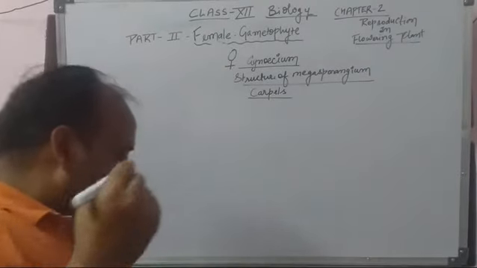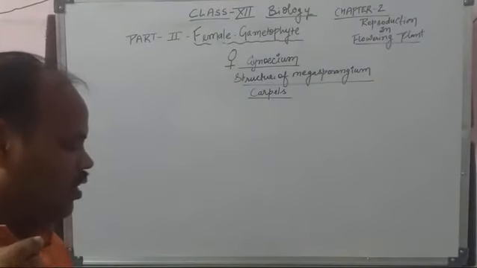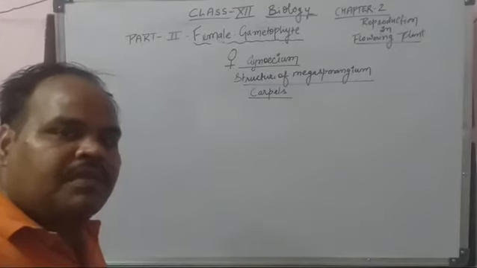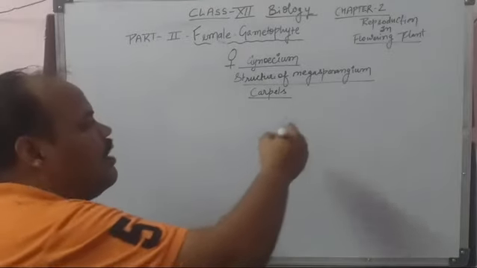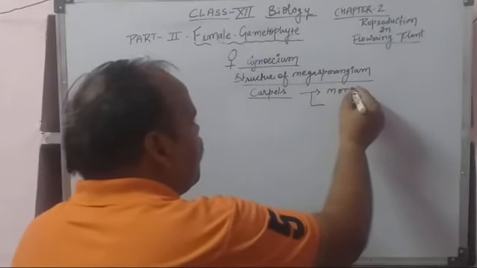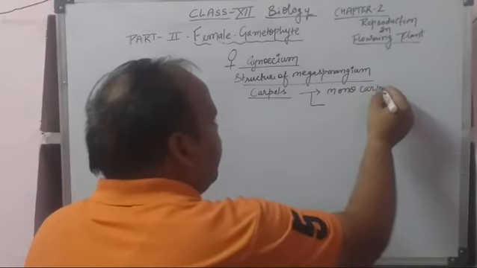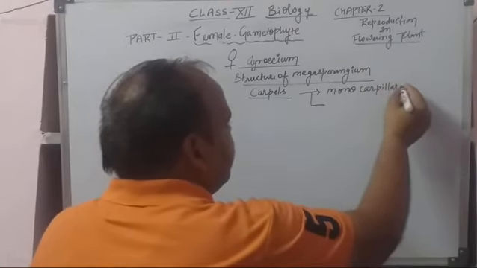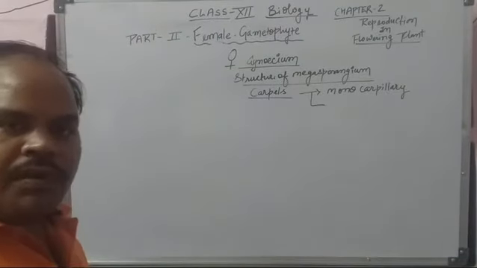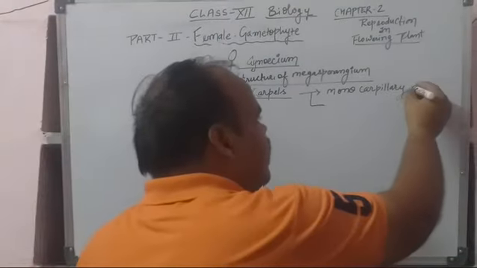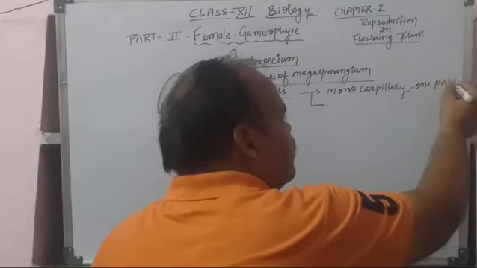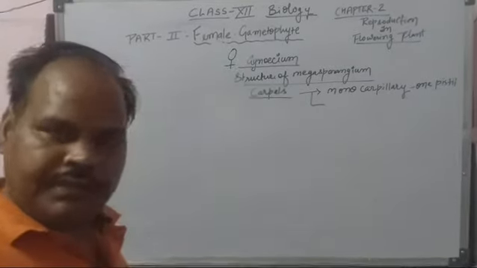According to the number of carpels present in the flowering plants, there are two types. First is monocarpellary: when one pistil or carpel is present on a flower, it is called monocarpellary.